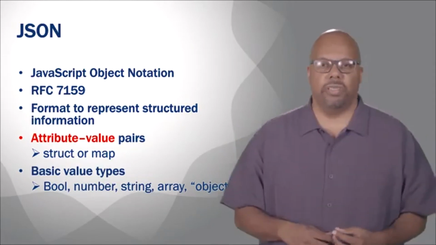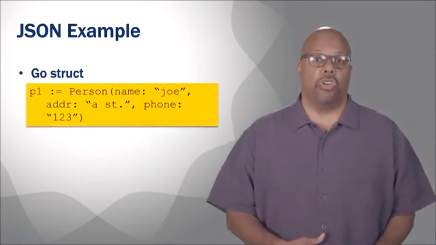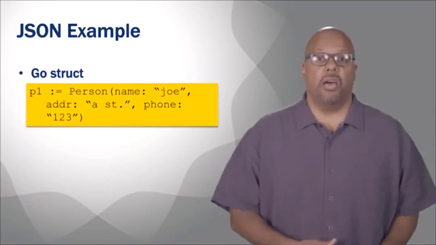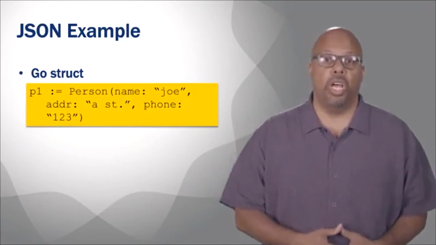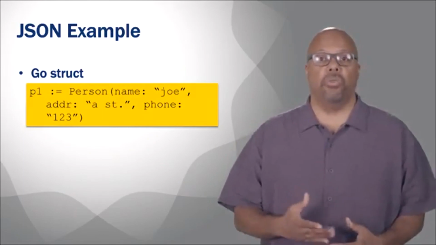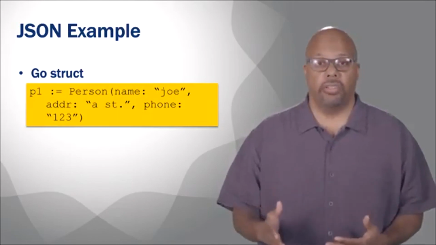So it's easier if we see some examples of this. Let's start off with a Go structure, the person struct that we had before, right? So with this person structure, I'm making P1. I'm saying P1 is a person with a name of Joe, address of A Street, and a phone number of 123.